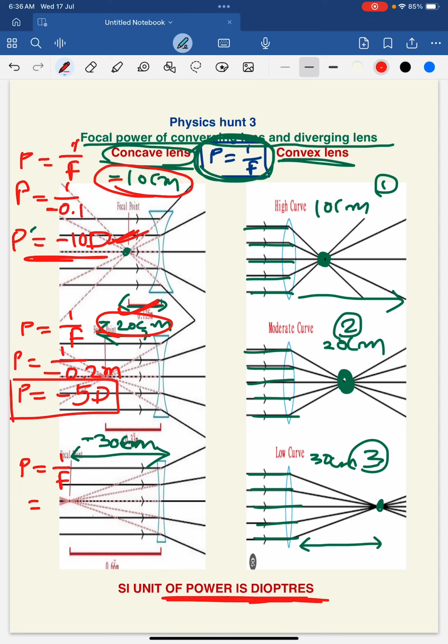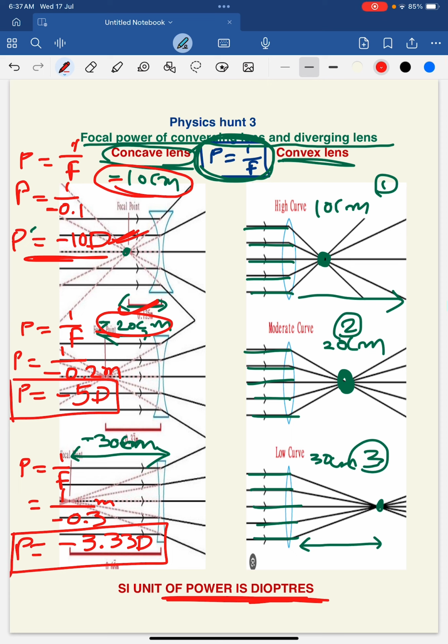I'm going to convert that minus 30 centimeter into meters, so we can write it as 1 by minus 0.3 meter. 1 by 0.3 is 3.33, but negative, so minus 3.33 diopter. So this is for negative powers.